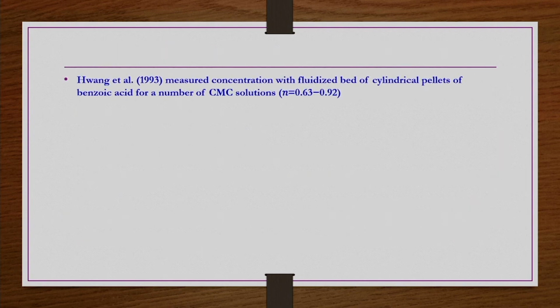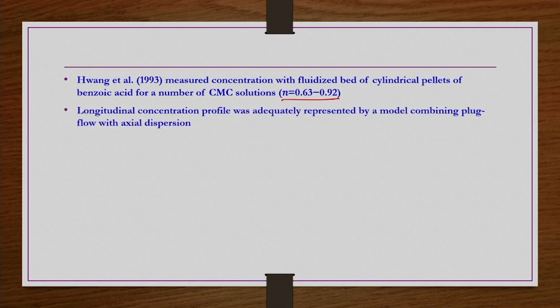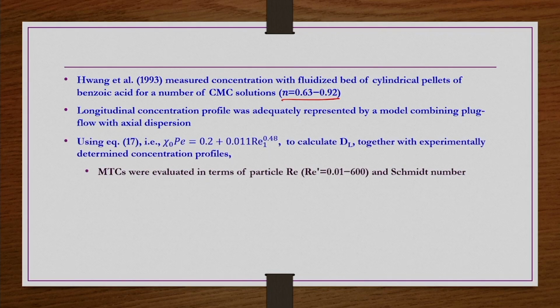Huang et al. measured concentration with fluidized beds of cylindrical pellets of benzoic acid for a number of CMC solutions, n equal to 0.63 to 0.92. They measured the longitudinal concentration profile by combining the plug flow model with axial dispersion, and they used this equation to calculate dl together with experimentally determined concentration profiles.